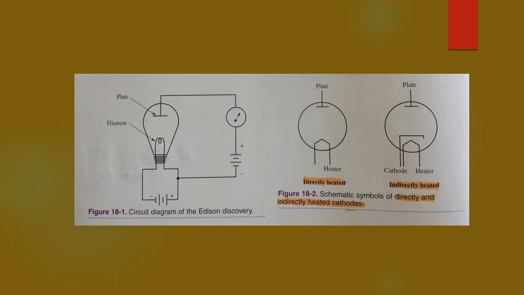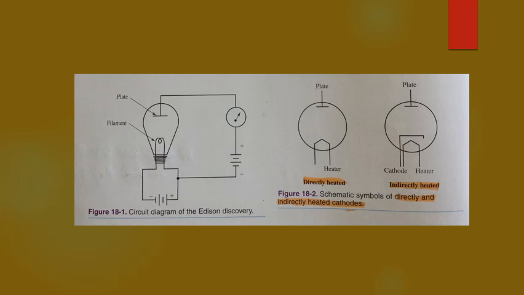The vacuum tube is a direct result of Thomas Edison's experiment with the incandescent lamp. In this experiment, a metal plate was placed in the vacuum bulb containing the filament. A battery and a series meter were connected between the light filament and the plate.